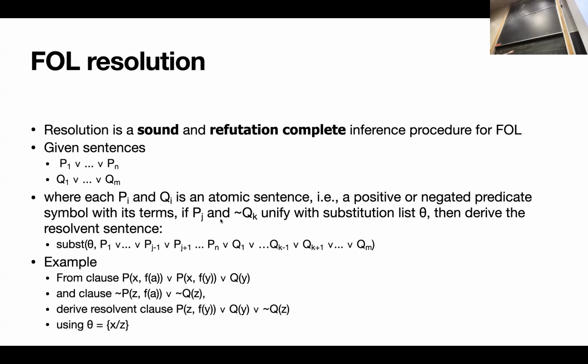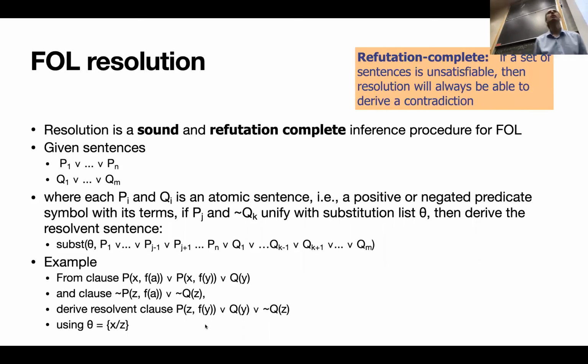This one is that negated, so we can basically remove them, and we're left with Q of x, f of y, or Q of y, or not Q of x, which is the same as on the slide, just with z instead of x. Okay, so that's how we apply the full resolution rule in first order logic.